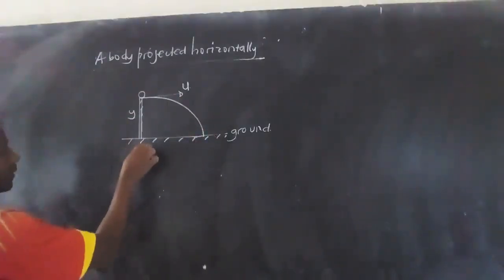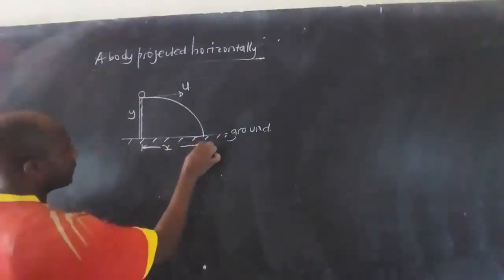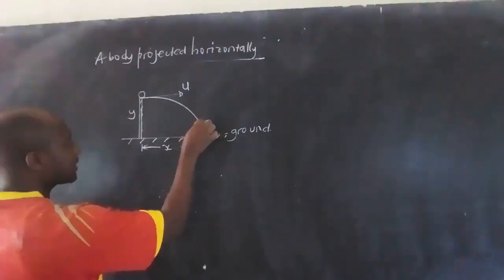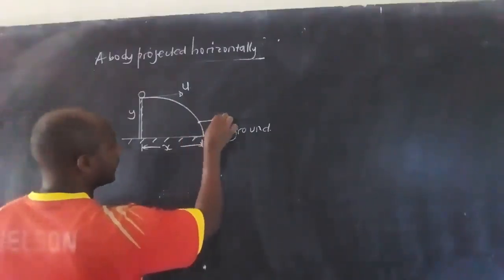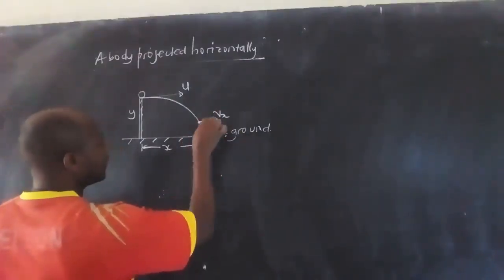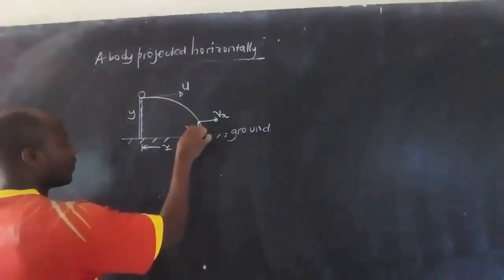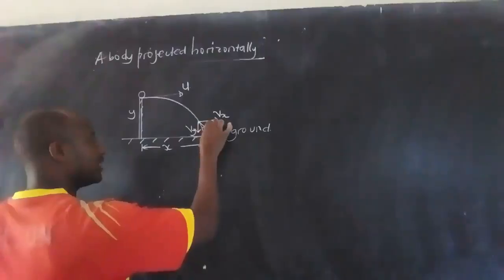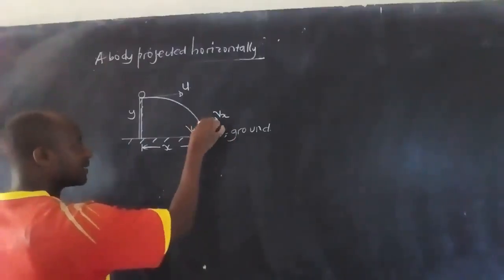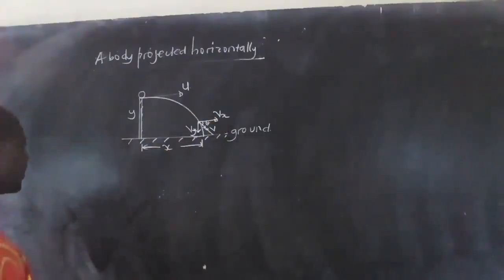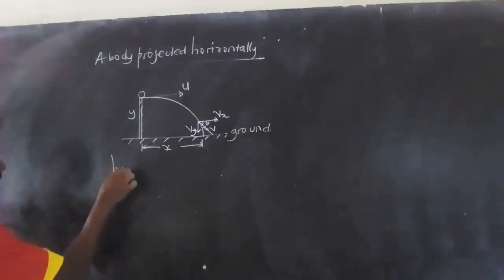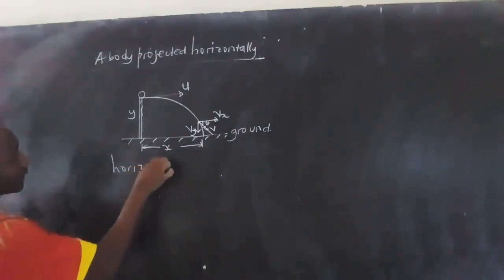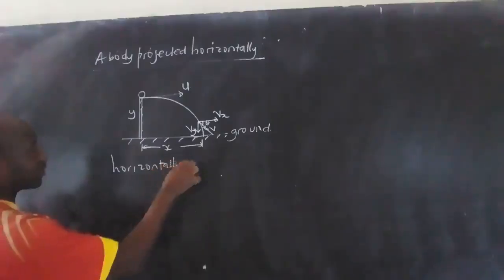It will hit at a distance x from here. As it is hitting the ground, it has Vx and it has Vy. Then it has the resultant, which is V, and the direction is theta. So we shall now look at horizontal motion. We look at two directions.